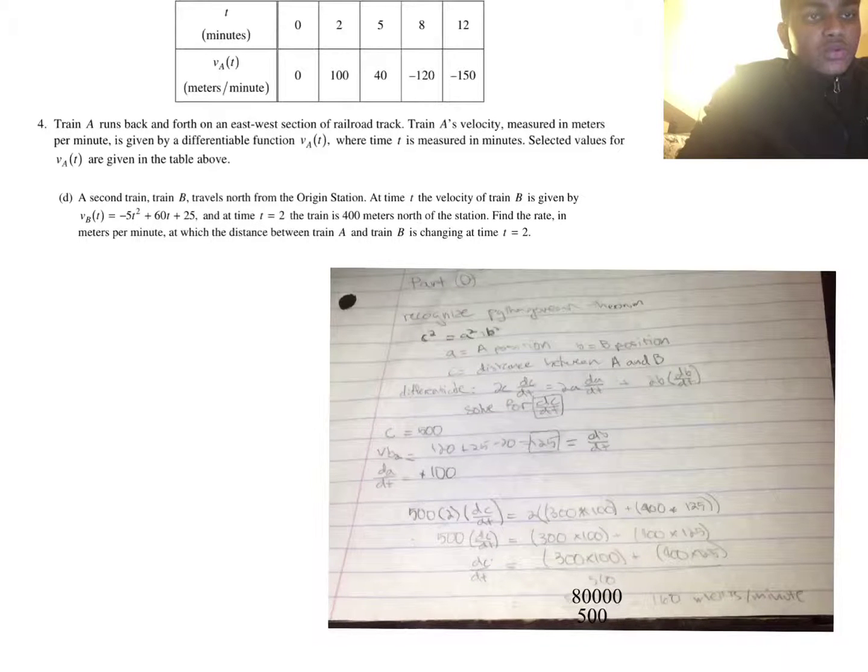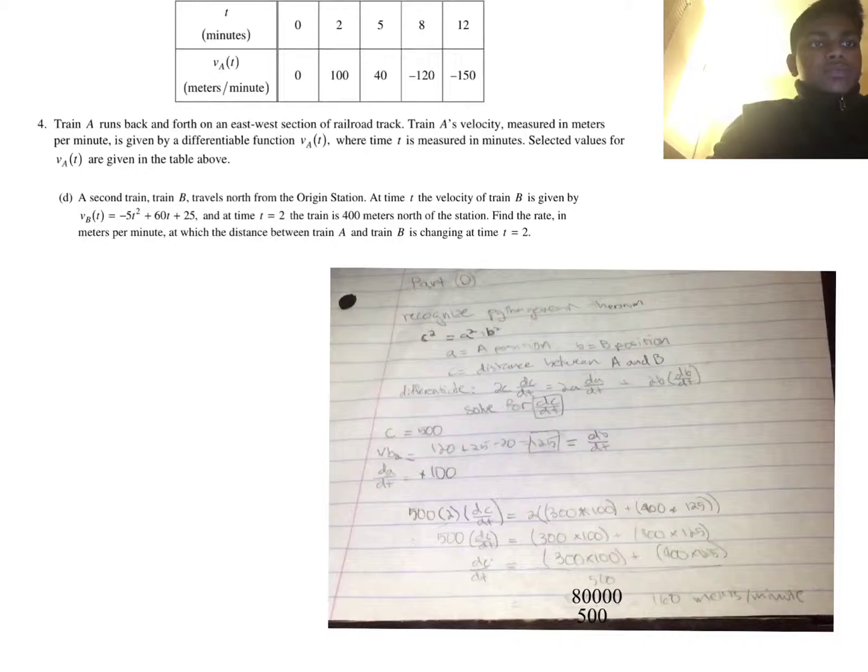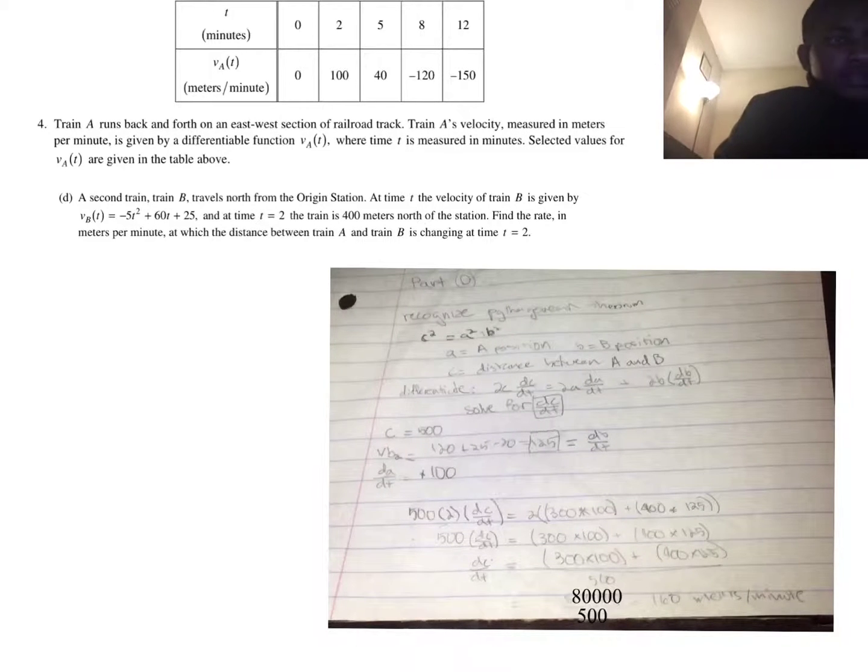And at time t equals 2, the train is 400 meters north of the station. Find the rate in meters per minute at which the distance between train A and train B is changing at time t equals 2. Okay, so first we can recognize that this can be modeled using the Pythagorean theorem.